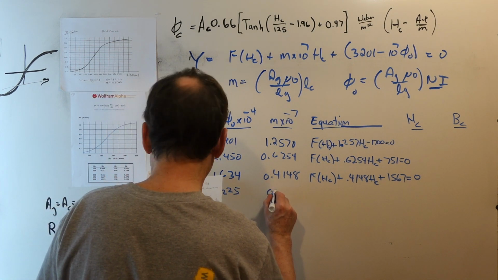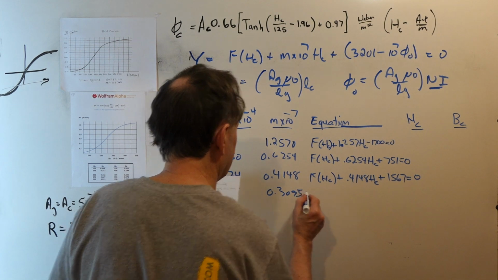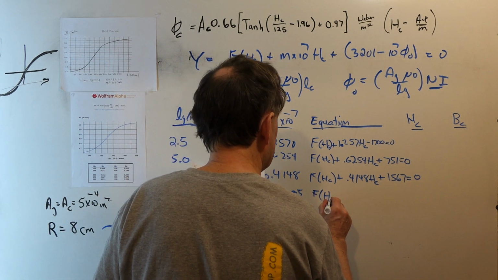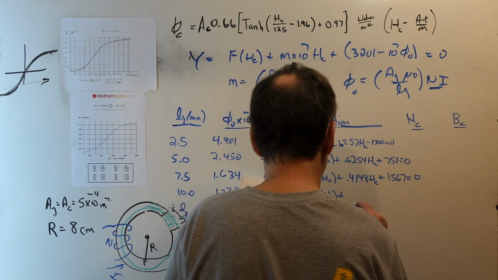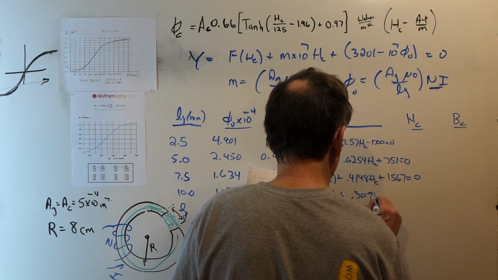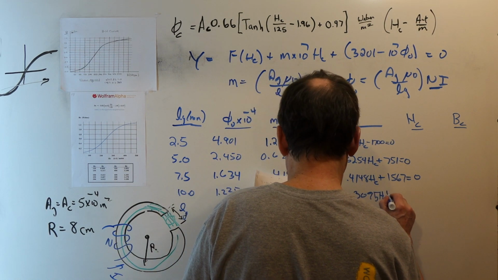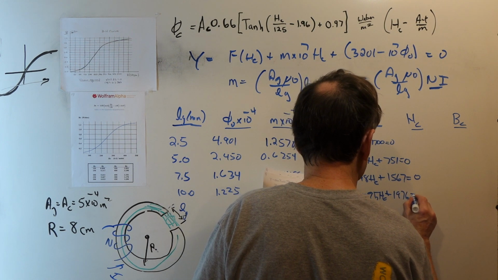And lastly, for a 10 millimeter gap, we have 1.225, 0.3095, F of HC plus 0.3095 HC plus 1976 equals 0.